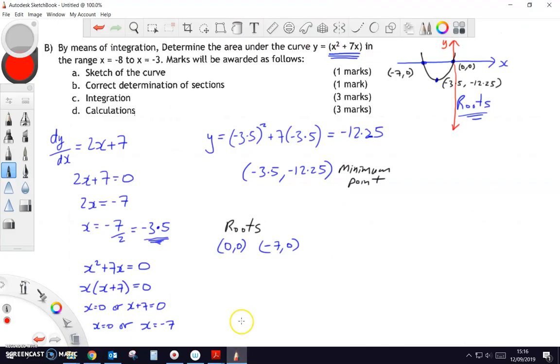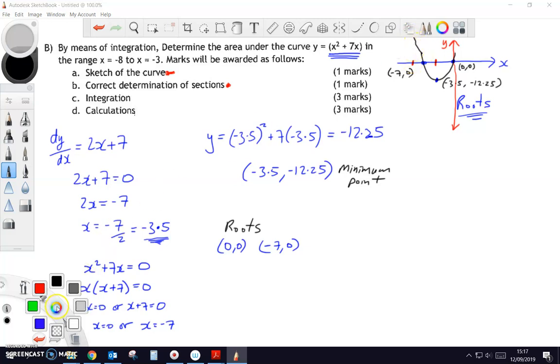Now going back, we've done our sketch. Now we need our determination of sections. Well, we're going from x equals minus 8, so x equals minus 8 will be out here, and x equals minus 3 will be just above the minimum point here. Continuing on our graph, it'll rise up like so.